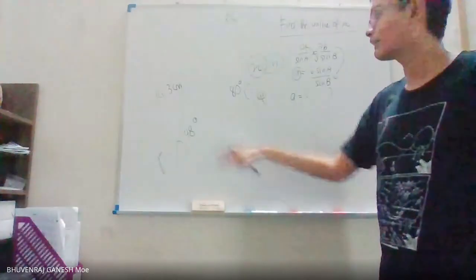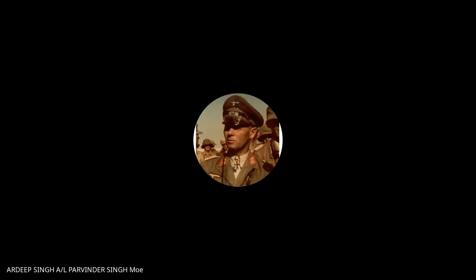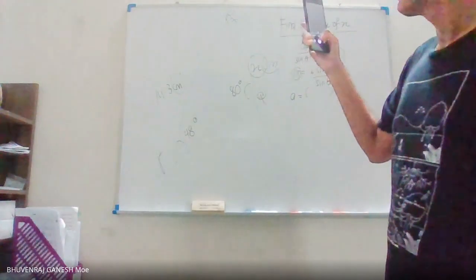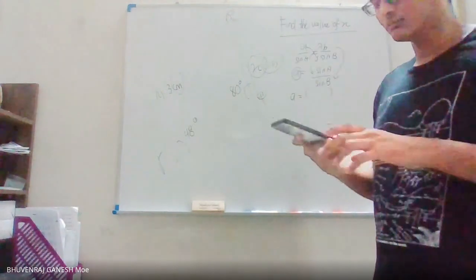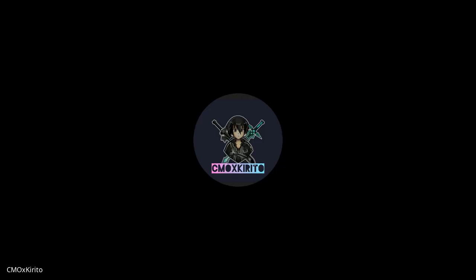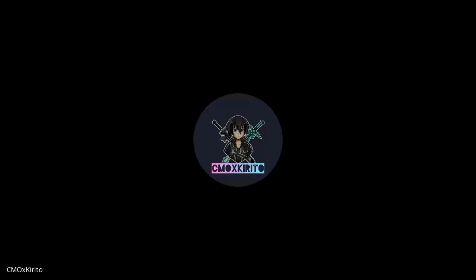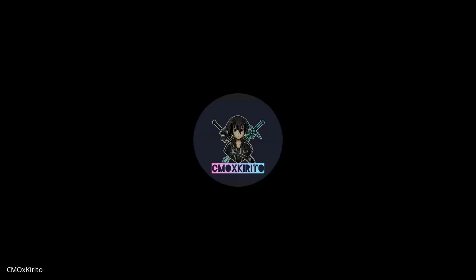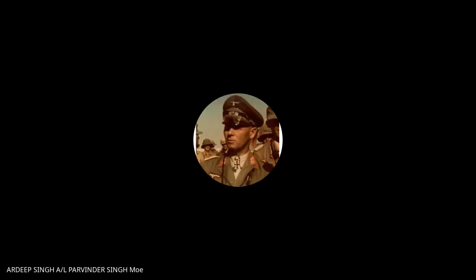This one, this triangle. I don't understand. I can't even see the triangle, sir. Can't see, huh? One is sine rule only. Okay, sine rule can. Sir, where are you, sir? Why, bro?